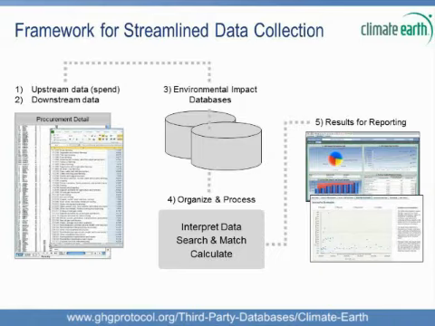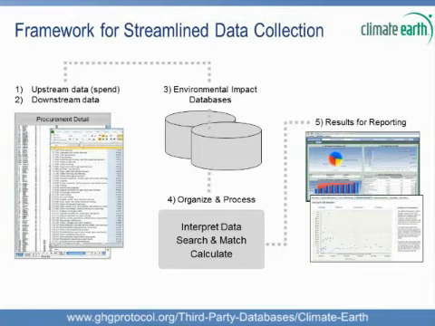Then taking that data, both primary and secondary data, matching that with environmental impact databases, which can include either emissions associated with specific products or dollar emissions factors based on what you spend, and also secondary data using industry and economy-wide databases.